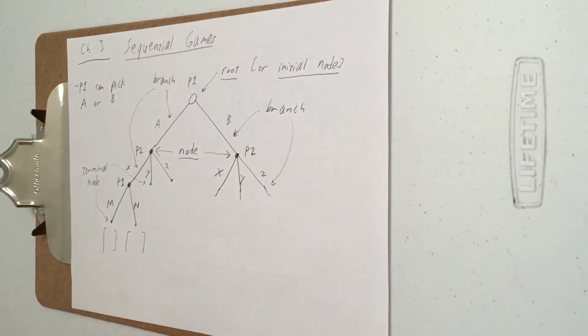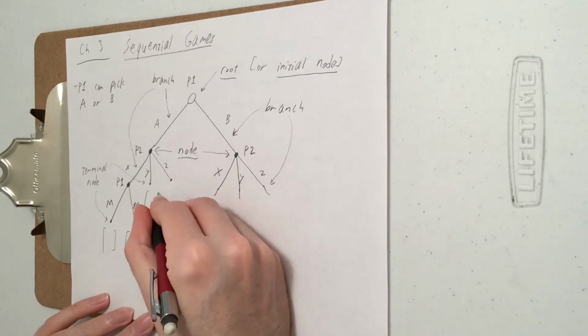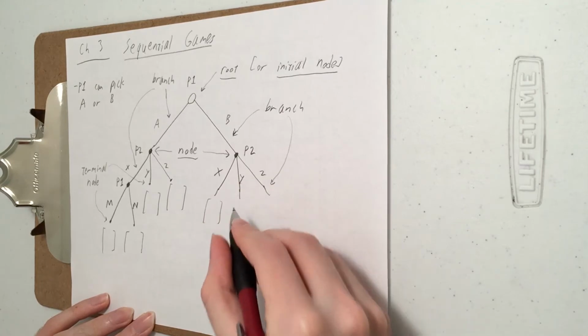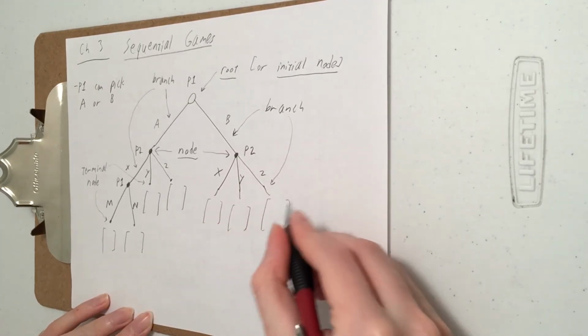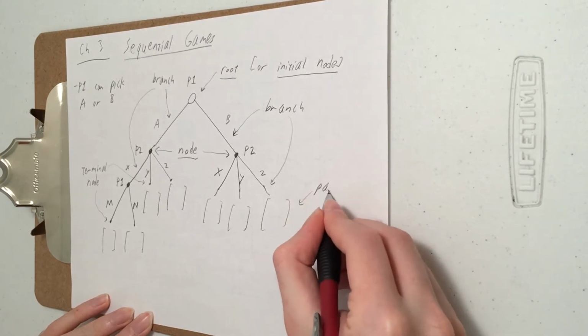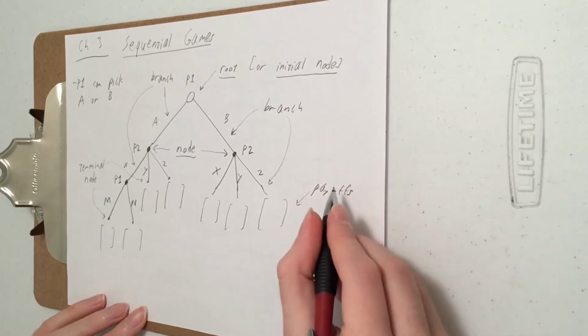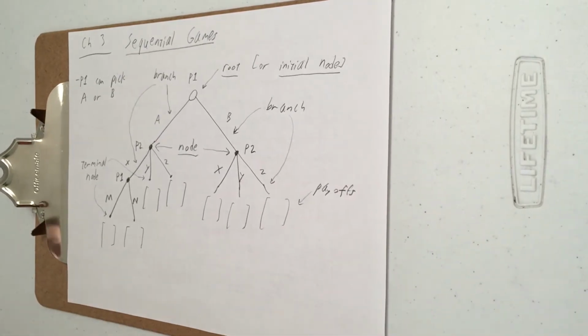And then we have to list the payoffs. I'll put them in brackets here. The payoffs are the outcome of the game, how much utility the players get from the outcome.